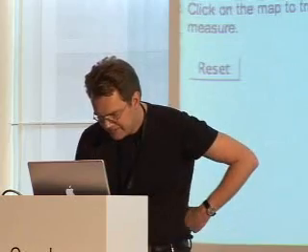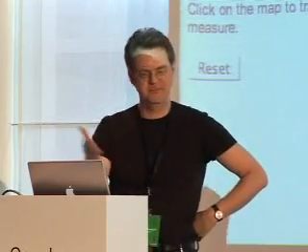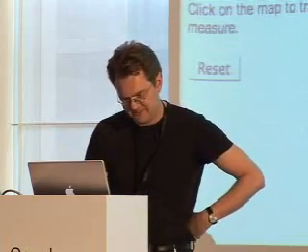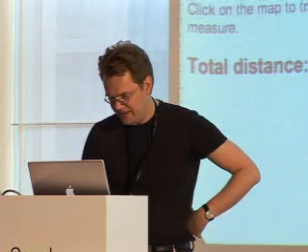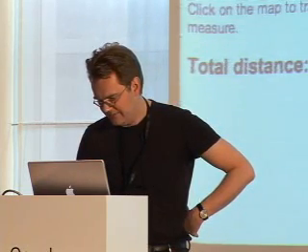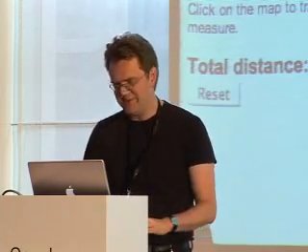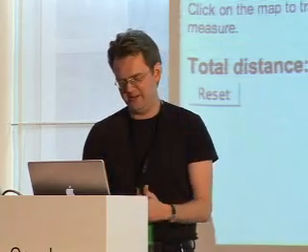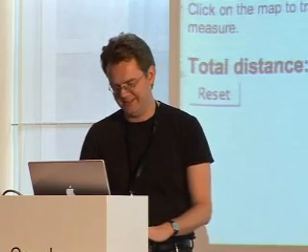For instance, if I would want to go around and visit all these apartments, which I probably don't because my search was completely arbitrary and I don't want to rent an apartment in Italy right now, I can map out the distance of the way that I need to travel in order to see all these listings using this distance measurement tool. Every click on the map just sets a new waypoint for my distance measurement tool, and it shows me the total distance of all the waypoints that I clicked so far.